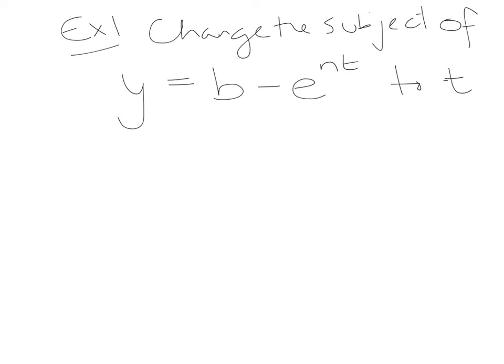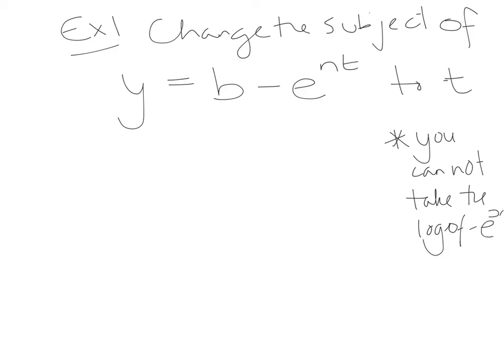So the first thing we want to do is isolate the exponential function on one side and have everything else on the other side of the equation. Now, just a little note, you cannot take the log of a negative exponential.